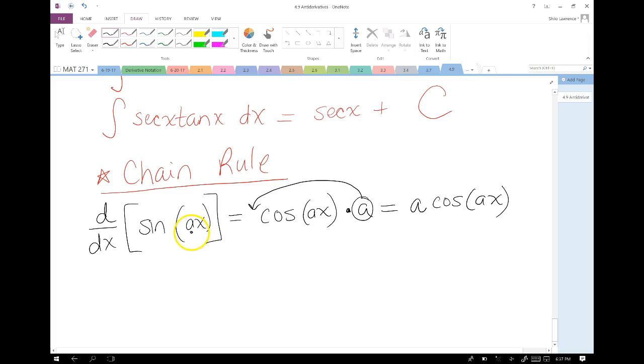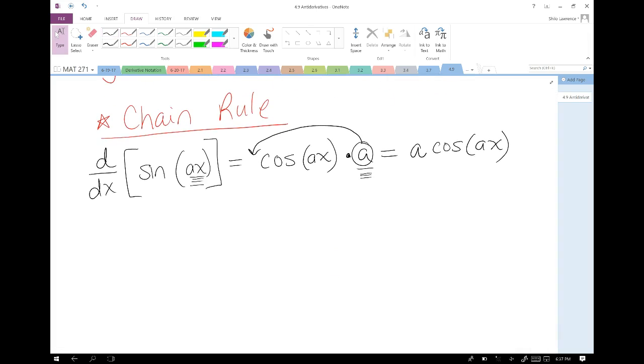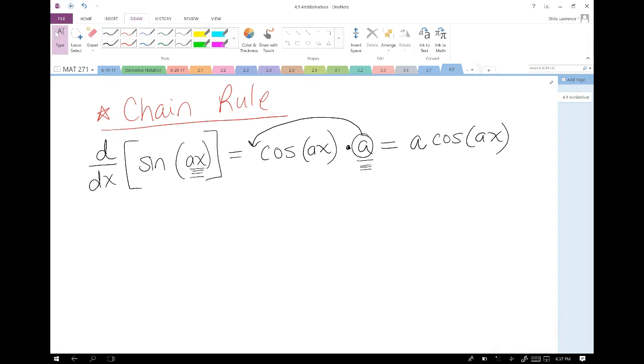Now, because our angle is linear, because the derivative just ends up as a number, we don't really have to do the full chain rule. The a doesn't have any x's in it, and that's going to make our antiderivatives a lot easier without us having to introduce any new rules for right now.